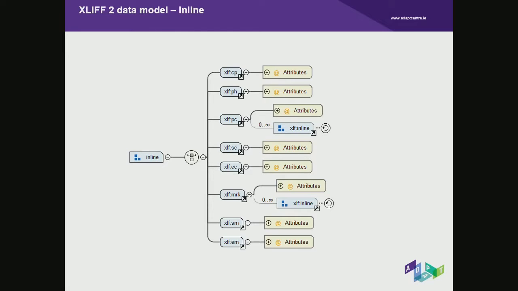But the most interesting ones are the pair of SC and EC for start code and end code. These are implemented in XLIFF so they can replace the non-well-formed tags. Like in RTF, you can have one tag open, the second tag open, and then the first tag closed. You cannot have this behavior in XML.